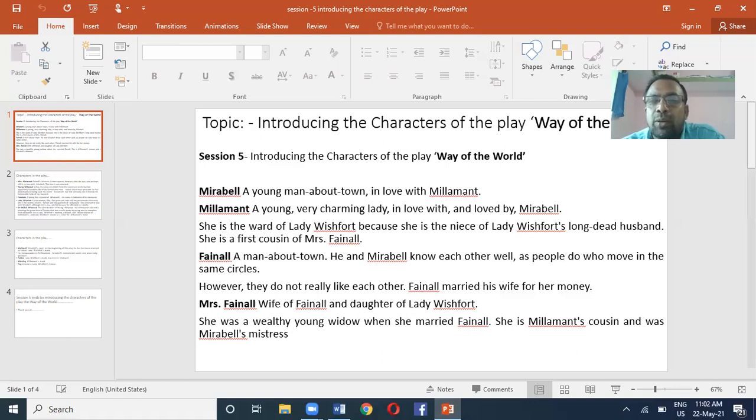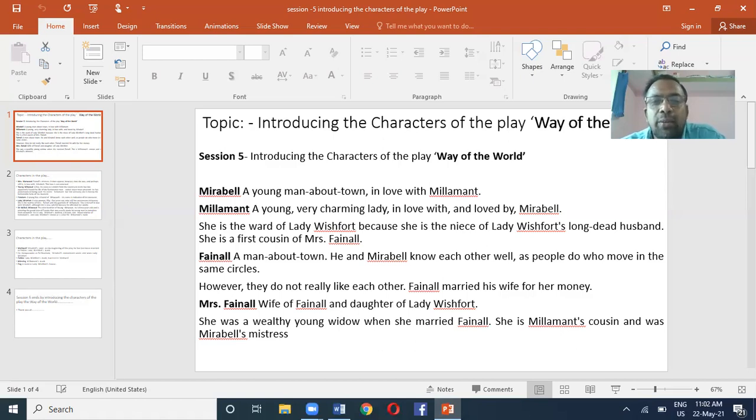Now it is quite clear for you: Mrs. Fainall and Mr. Fainall. Fainall was a friend of Mirabel, you know, and Mrs. Fainall, the daughter of Lady Wishford. They married each other. Mrs. Fainall, now I am going to introduce to you. Mrs. Fainall, the wife of Fainall, I told you already, and daughter of Lady Wishford.